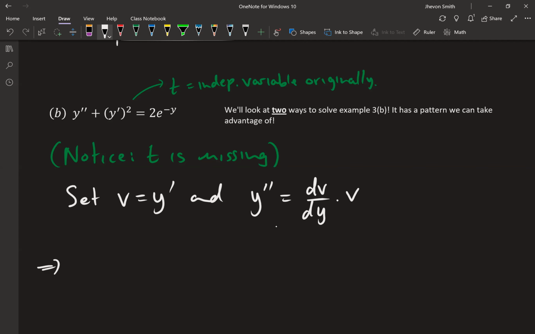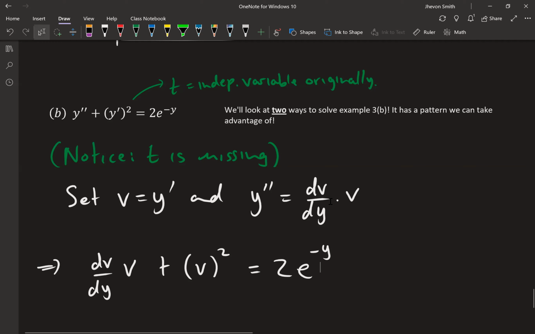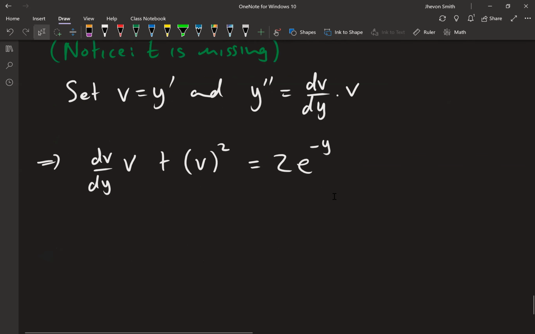Plugging this into the original, I'm going to get dv dy times v, that replaces the y double prime, plus v squared, that replaces the y prime here, equals 2e to the minus y. I can divide through by v.